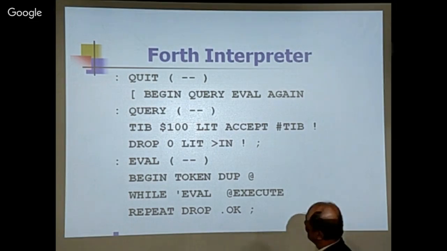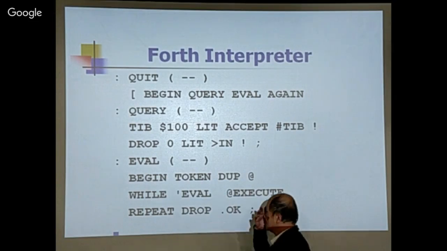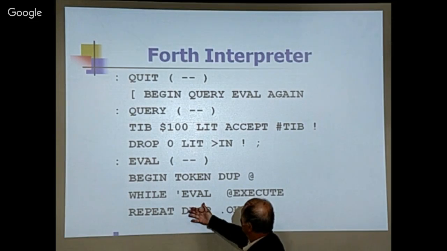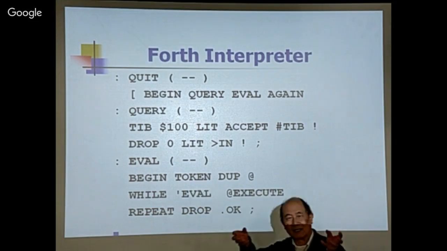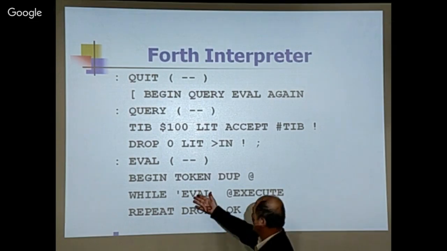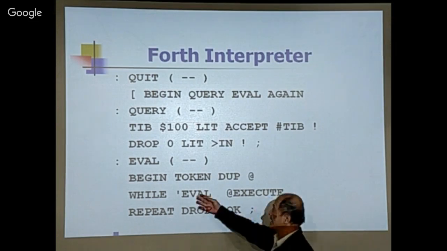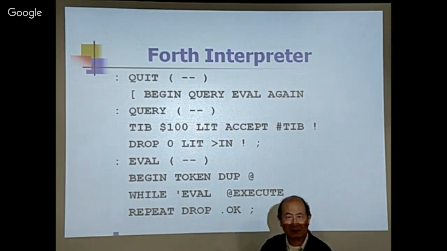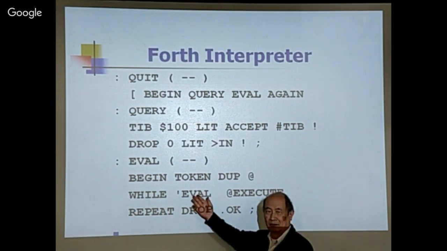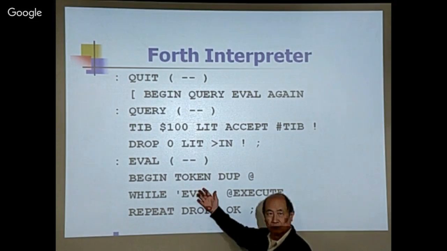And then the eval. In the E4 implementation, it is again a loop. Token would break up the input line and get the next word. If the word is a valid word, you go to tick evolve, which has either interpret or compile. Depending upon the state you are in, you either interpret the word or compile the word. So this tick evolve fetch execute is doing that switch.